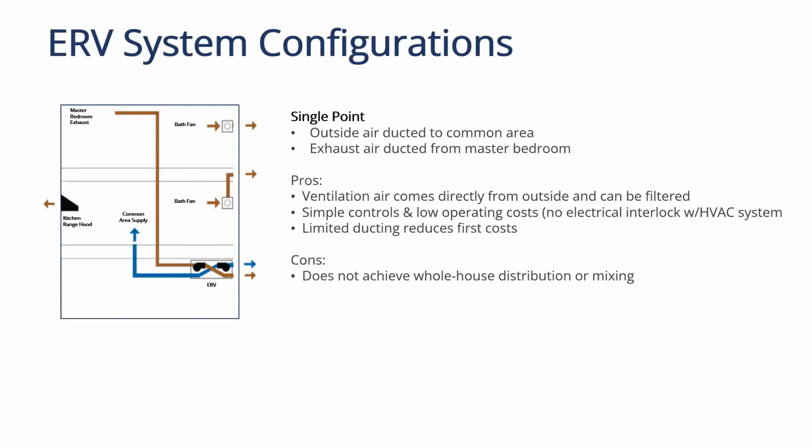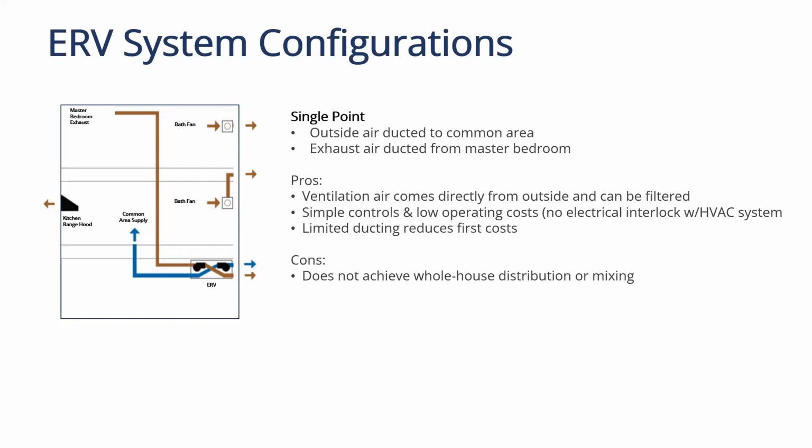So the pros of this is that the ventilation air is coming in directly from the outside and is filtered. It's a simple control system. You don't have to interlock the electrical with the HVAC system, and there's limited ducting, so that reduces the first cost of the overall installation.